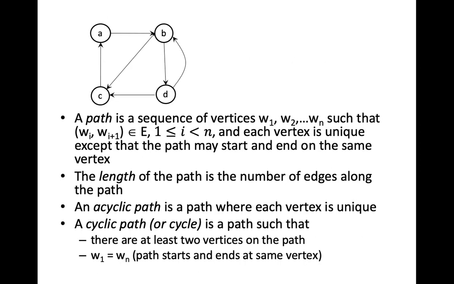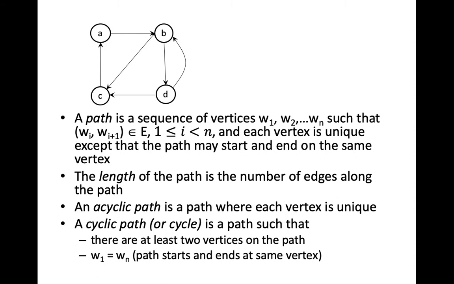A path is a sequence of vertices from V, W1, W2, up to Wn, such that any two consecutive vertices, Wi and Wi plus 1, are connected through an edge. Each vertex is unique for a simple path, except the path may start and end on the same vertex, in which case it is called a cycle.